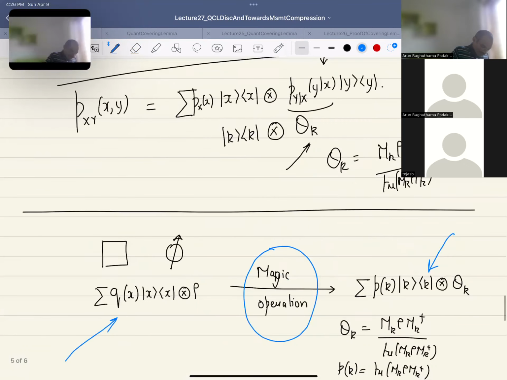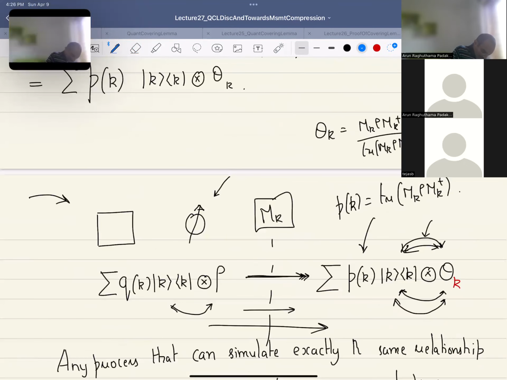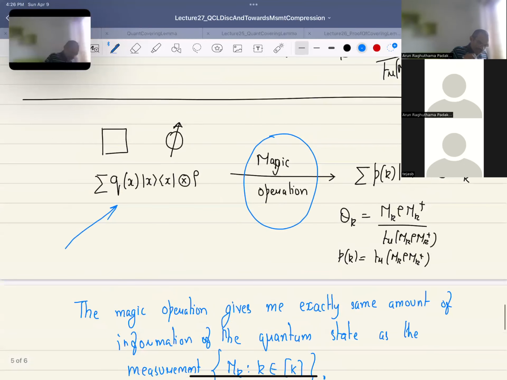Look at the measurement process. So let's go back to the measurement process. No matter what distribution QX is, the measurement process will end you up in this state. Do you agree? Similarly, suppose no matter what distribution Q of X is, my magic operation will end me up in this state.